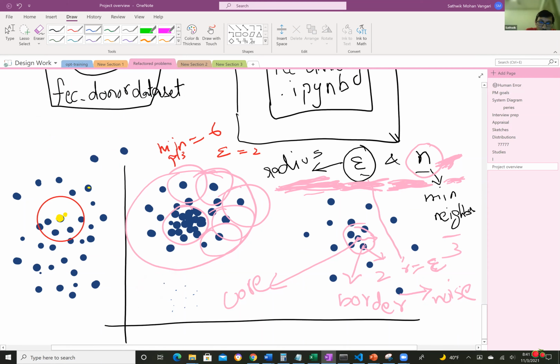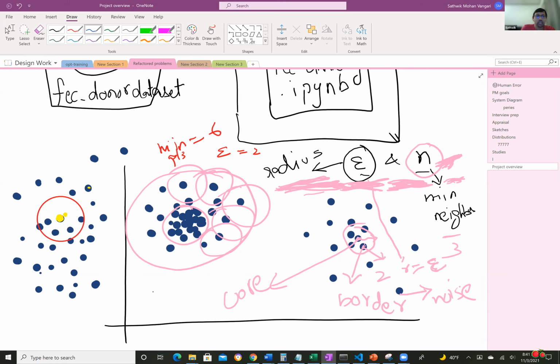Now, do you think that the circle might possibly cut through them? No, right? It might happen. It's not impossible. It might happen, in which case you can assume that the points are in the neighborhood and you can count them in as neighbors, right? But it's up to your discretion. The model usually assumes that if they are on the circle as well, they are in the neighborhood, right?